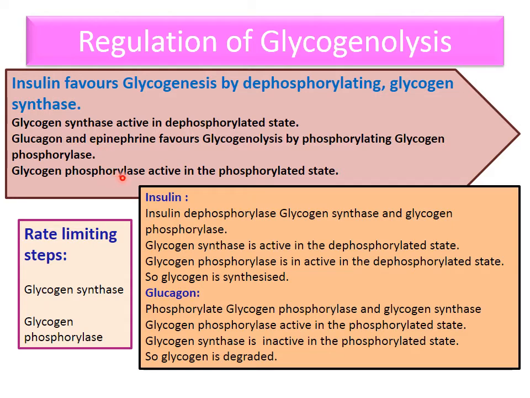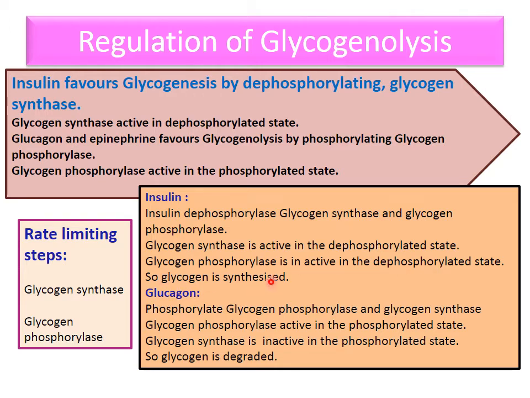Glycogen phosphorylase is active in the phosphorylated state. Insulin dephosphorylates glycogen synthase and glycogen phosphorylase. Glycogen synthase is active in the dephosphorylated state, whereas glycogen phosphorylase is inactive in the dephosphorylated state.